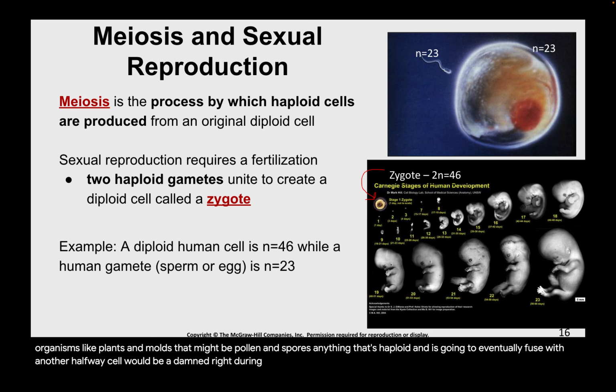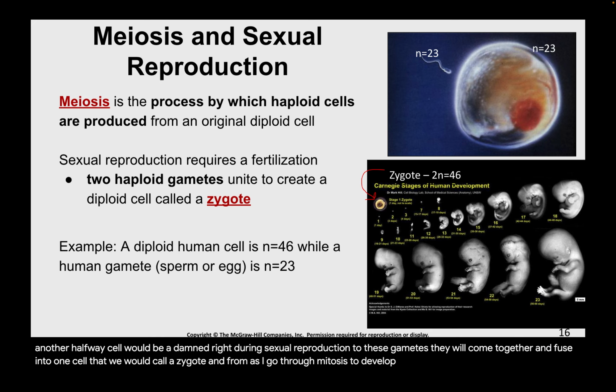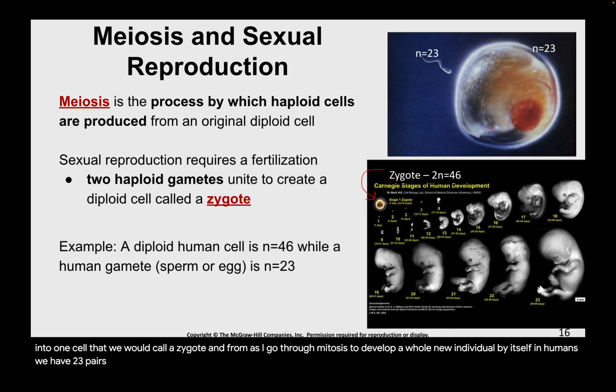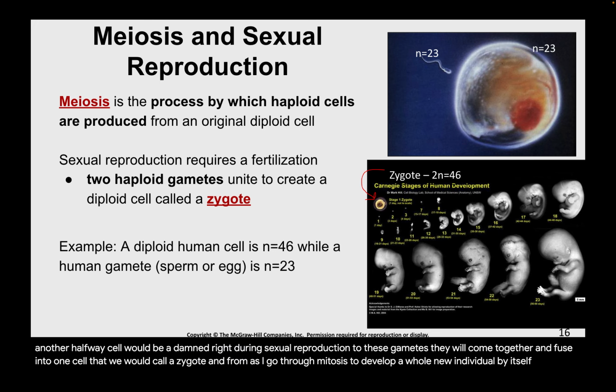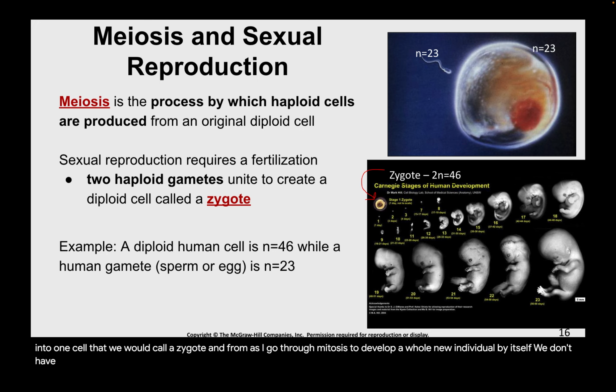During sexual reproduction, two of these gametes will come together and fuse into one cell that we would call a zygote. And from the zygote, we would go through mitosis to develop a whole new individual. So in humans, in egg and sperm, we have 23 pairs of chromosomes in our body cells, but in our gametes, we just have 23 chromosomes. We don't have pairs because they're haploid.